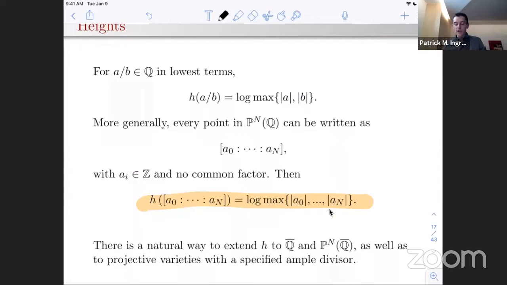So when I talk about a height on a projective variety relative to an ample divisor, if you're not familiar with that language, you can just think of your projective variety as already being a subvariety of Pn. And then here's my nice height function on Pn. And of course, I can apply that to points in a subset. And then the height function also extends to Q bar. That's not a hard extension, but if you haven't seen it before, I didn't want to put it on this slide. But you can also talk about heights of algebraic points.